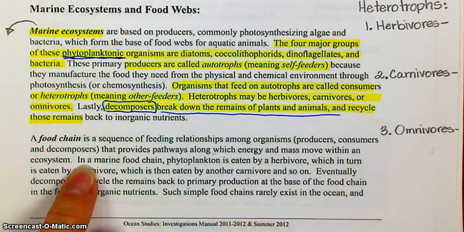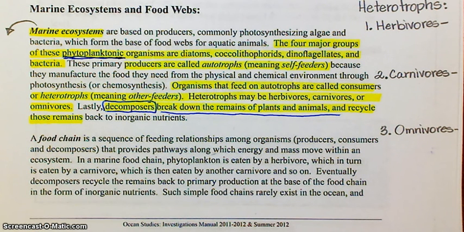In a marine food chain, phytoplankton is eaten by a herbivore, which in turn is eaten by a carnivore, which is then eaten by another carnivore, so on and so forth. Eventually, decomposers recycle the remains back to primary production at the base of the food chain in the form of inorganic nutrients. Basically, what they're saying is their job is to break stuff down into simple substances so that it can be reused.